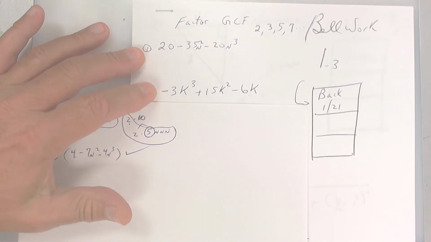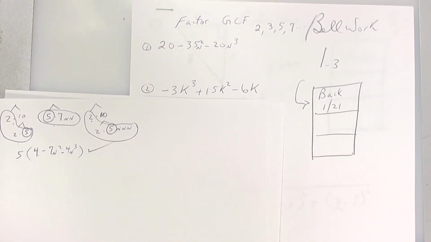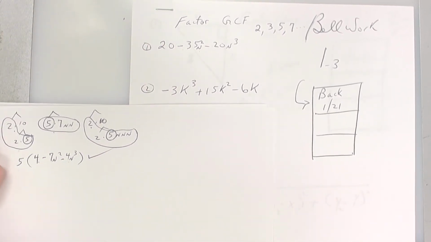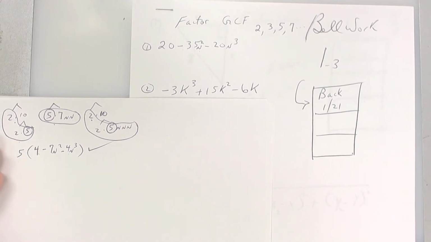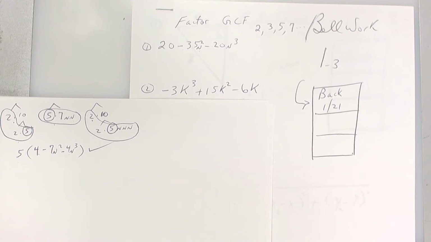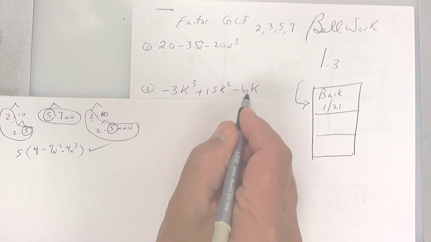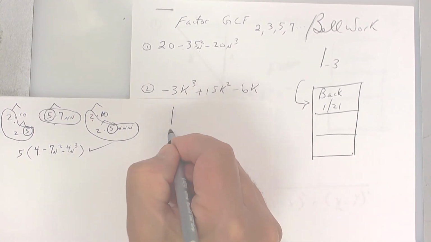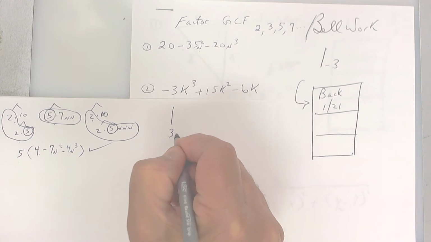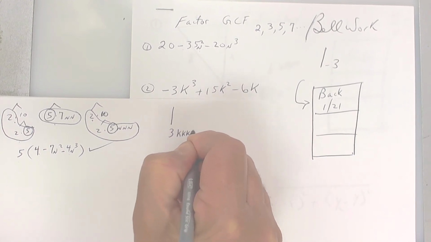The next one is a minus. Now, generally, you're supposed to take the minus out if the first one is a minus. Sometimes they do, sometimes they don't, but I think it's a good practice to do it all the time. So let's talk about the minus in a minute. So bring down the 3 because you can't break that up anymore. And then you have 3 k's.